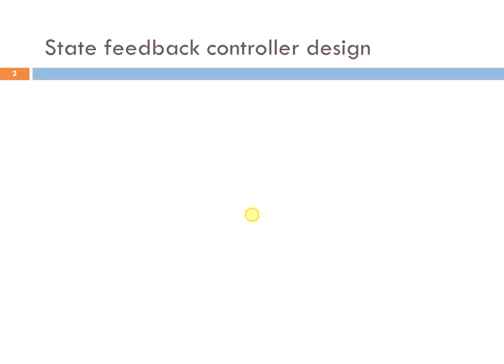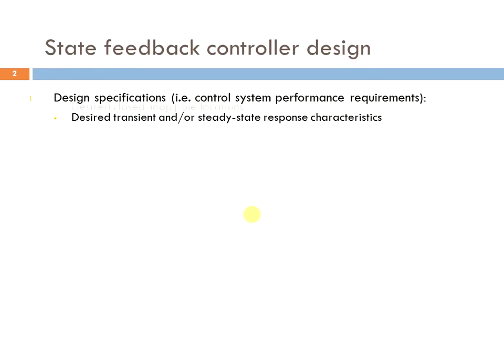In the previous lecture, we focused on the design of a state feedback control matrix, and some of the things we looked at were design specifications, basically how the performance requirements for our designed control system are specified.